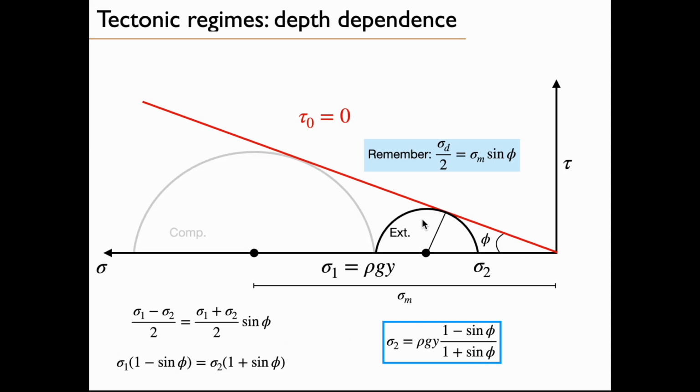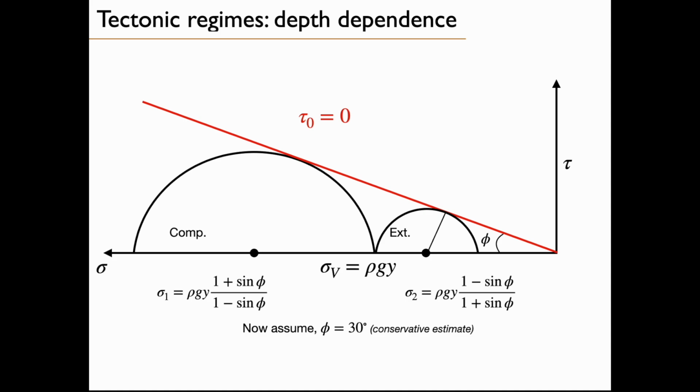If one does the same exercise in extension, one can solve this time not for sigma 1 because sigma 1 is known, is rho gy, but we solve for sigma 2. And sigma 2 is rho gy times 1 minus sinus phi divided by 1 plus sinus phi. So we have two expressions of sigma 1 and sigma 2.